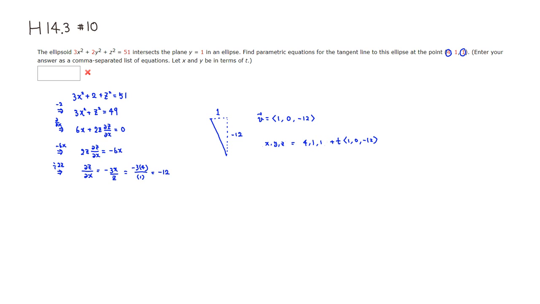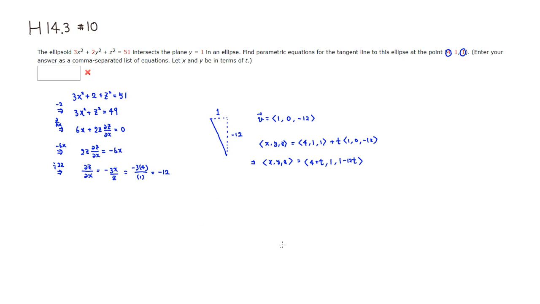So I'll write it as a vector here and the vector there. This gives us x, y, z equal to 4 plus t, 1 plus 0, 1 minus 12t. So that would be the equation.